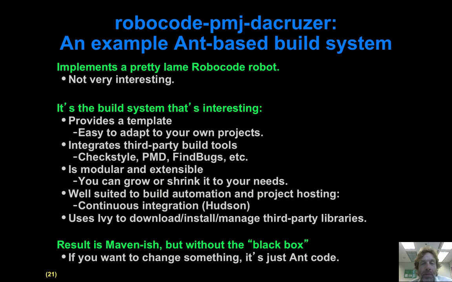Very lame in terms of its behavior, and that's okay because you're not going to really care about this robot. What you're actually interested in is the build system around it that enables you to easily share this code with other people and have them easily be able to compile it, test it, run it, document it, and so forth.